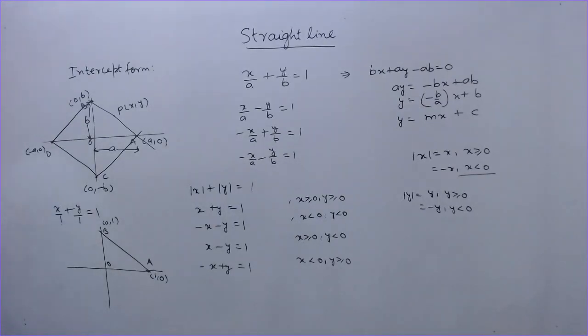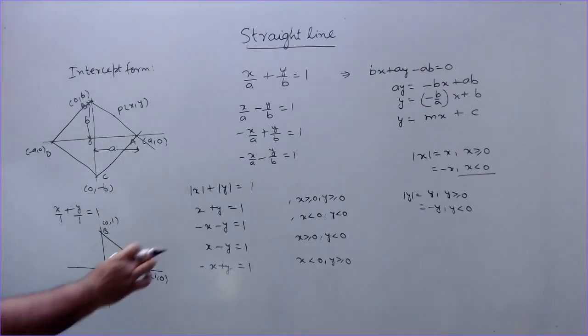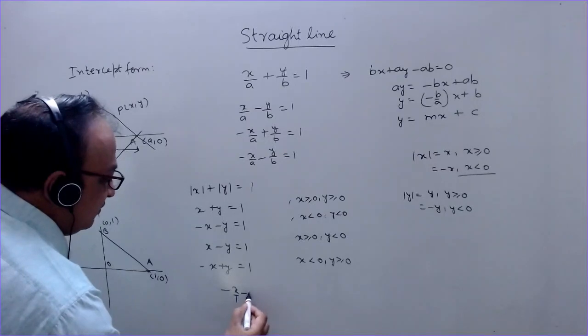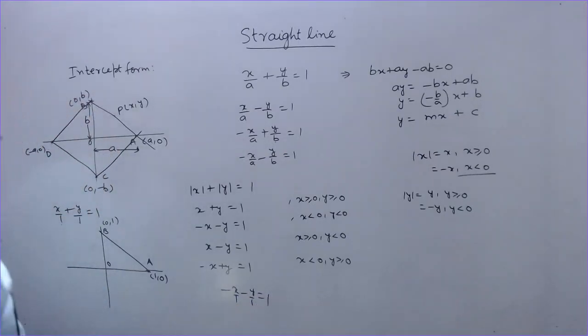And if we see the second form, x by 1 minus y by 1 is equal to 1. This means the intercept is positive on the x-axis and negative on the y-axis, (1, 0) and (0, minus 1).